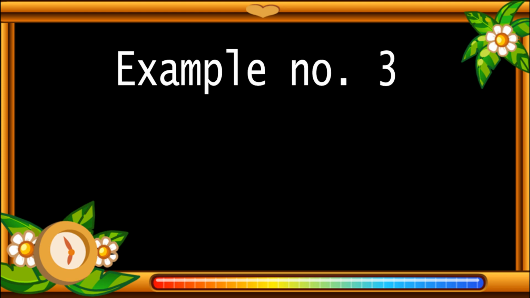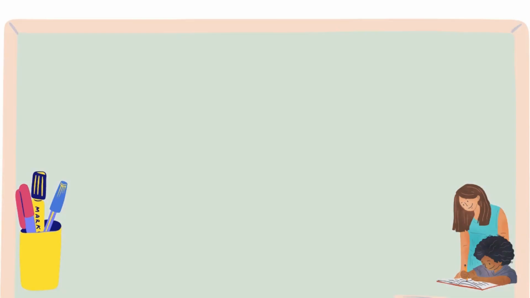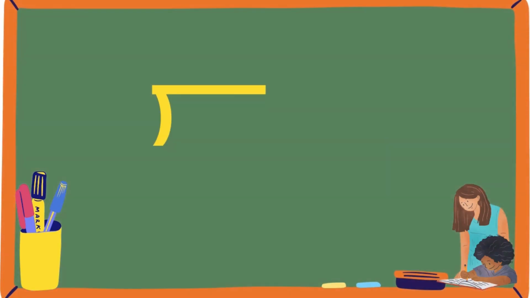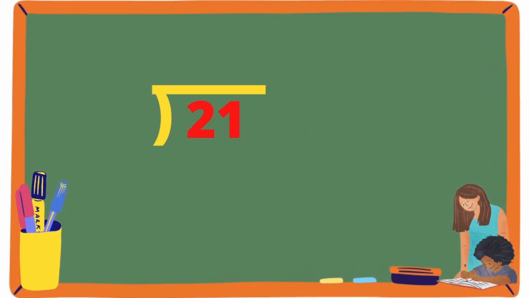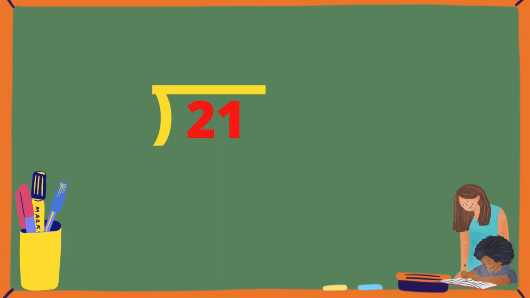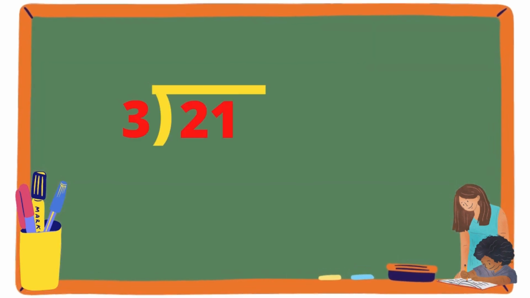Example number 3. 21 divided by 3. It can be written as shown. Write 21 inside the bracket and 3 outside the bracket on the left side.